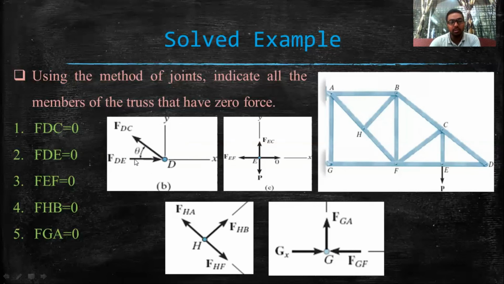So there is no other force in the horizontal direction other than this FDE. In order to maintain the equilibrium, if we apply sum of Fx equals to 0, that is sum of all the horizontal forces equals to 0, then ultimately FDE will come out to be a zero force member. So just by visual observation, we can also see that FDE is also a zero force member. So that is what we have analyzed so far.